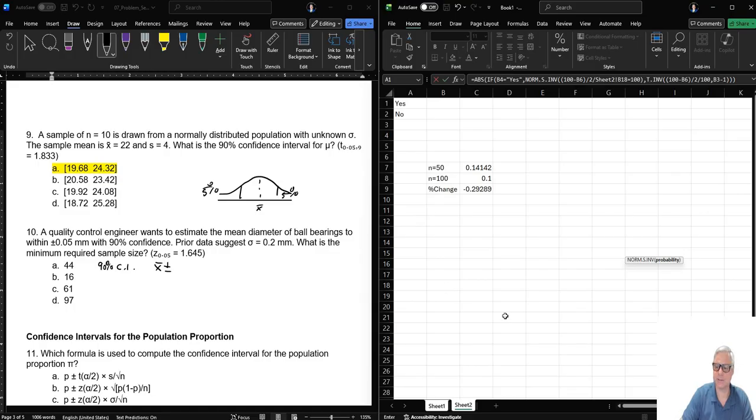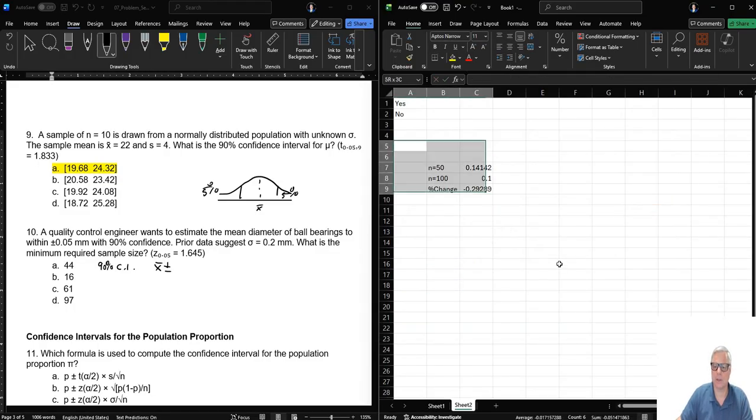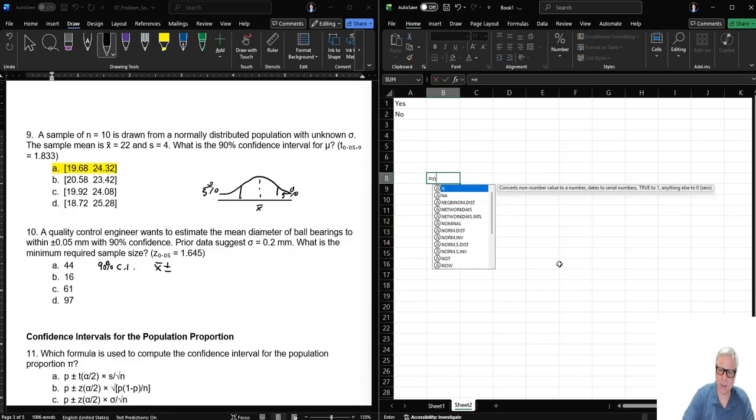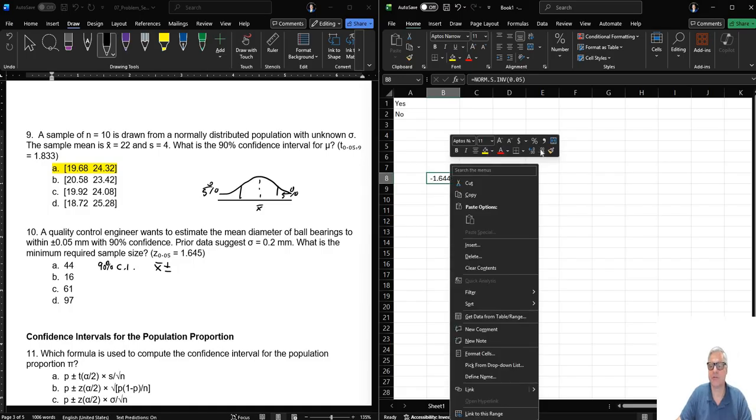Okay, let's delete this one here. We say equal, so now when we know the z-score, we use NORM.S.INV, inverse probability 0.05, and this is the negative 1.645.